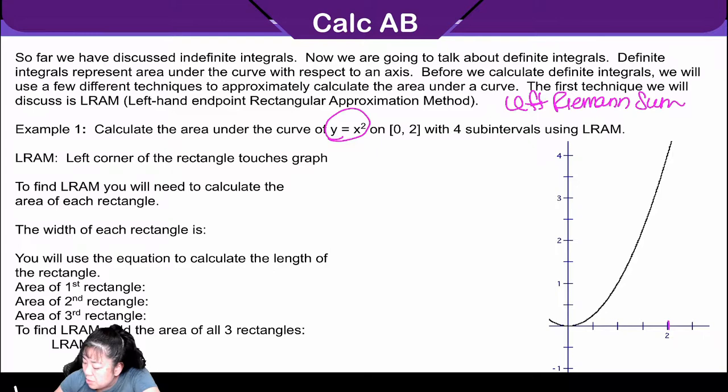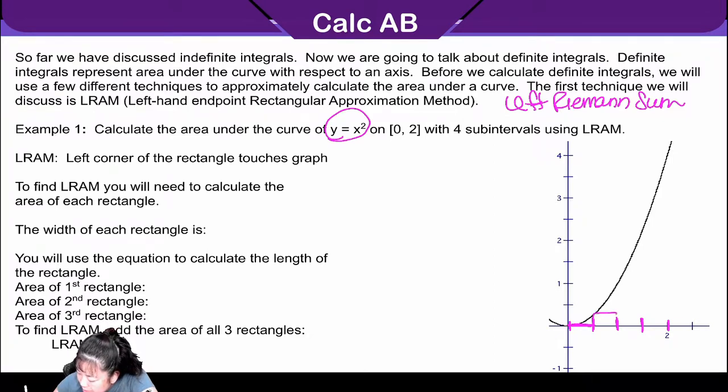So I'm going between 0 and 2, and I need to separate this into 4 rectangles, which is real easy, right? I was able to really easily separate that out into 4 areas. Then I want the left corner of my rectangle to touch, so my first rectangle is just along the x-axis.